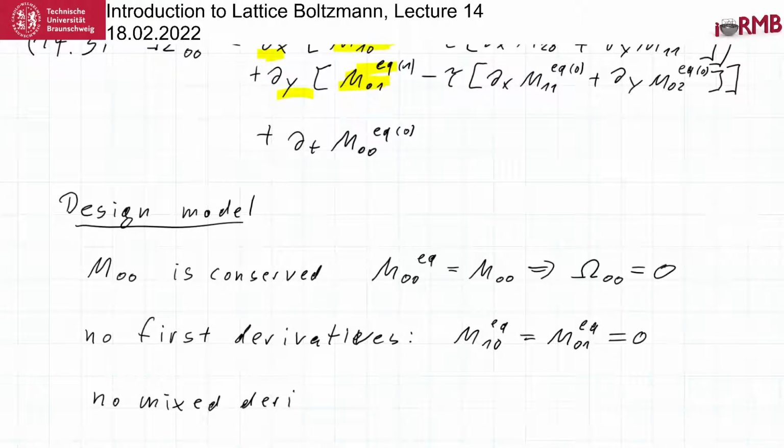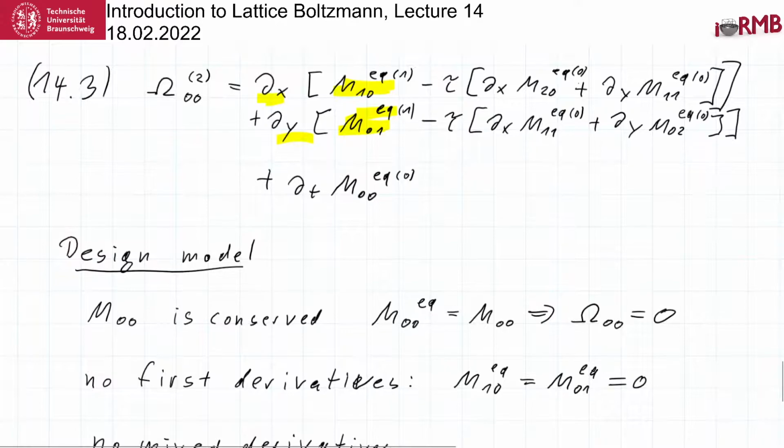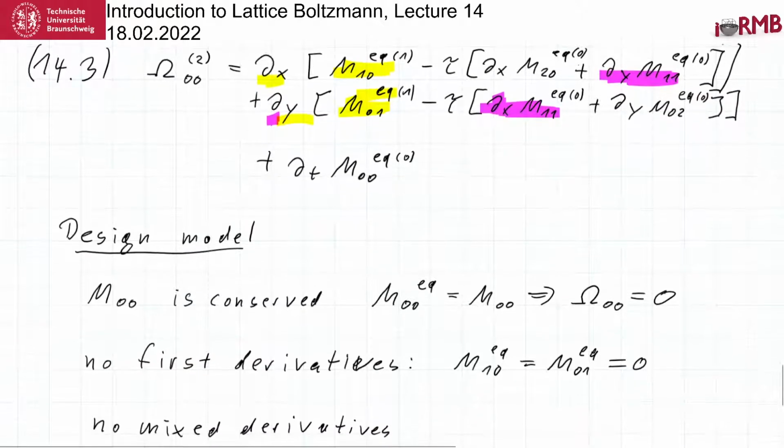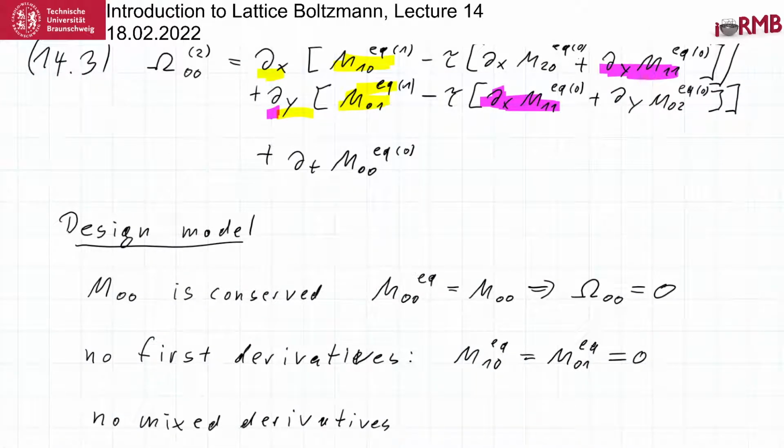We have only the derivative in x and the one in y, second derivatives in x and y. So this would be dx, dy, and this one would give mixed derivatives. So we don't want to have mixed derivatives. We don't get mixed derivatives if we set this to 0. Okay?